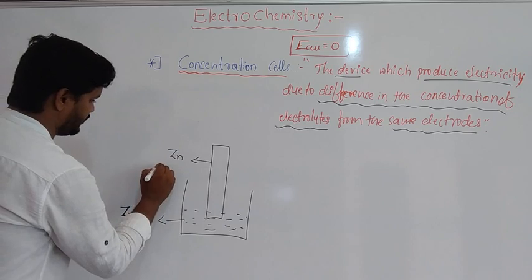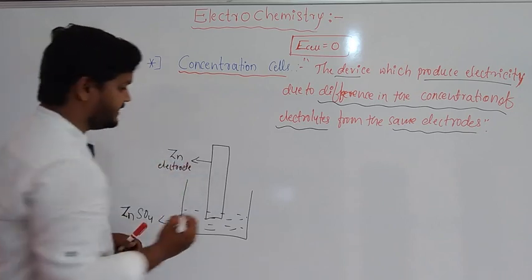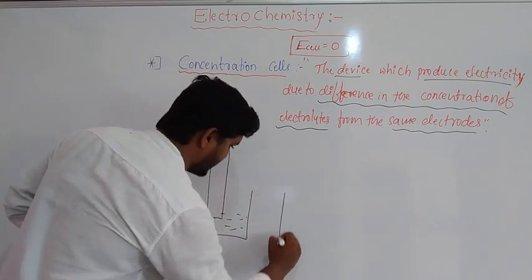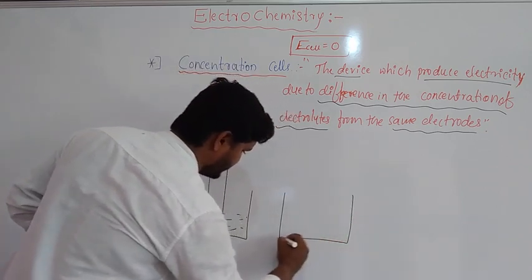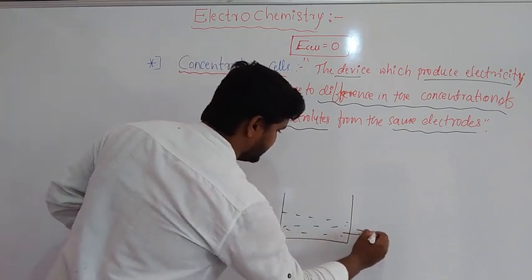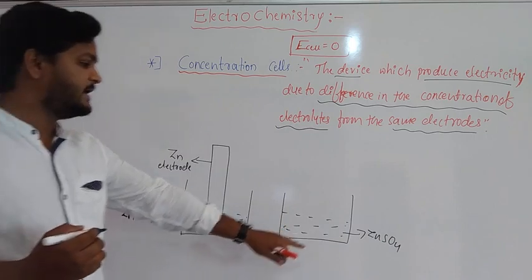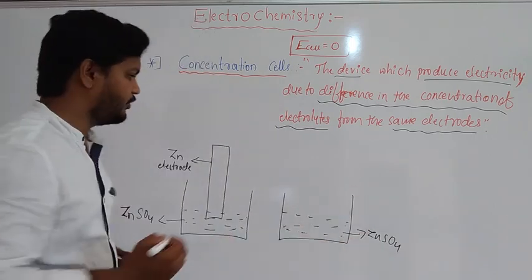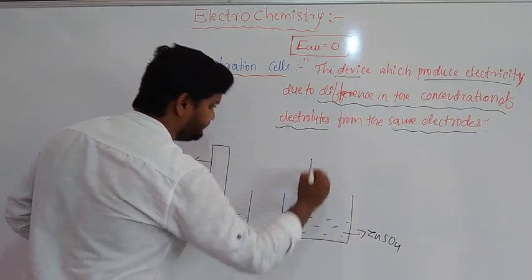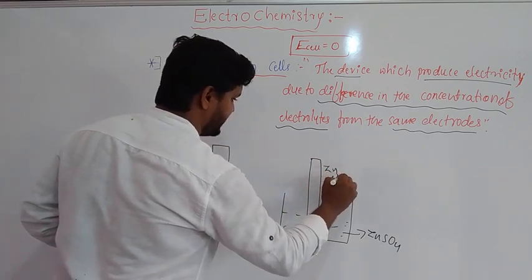And one more half cell I am going to take, in which also ZnSO4 is the electrolyte. Here also I am going to dip the same electrode, that is, a zinc electrode.